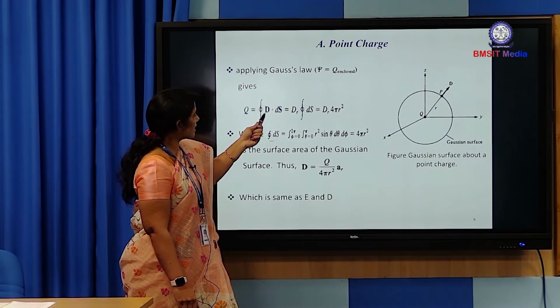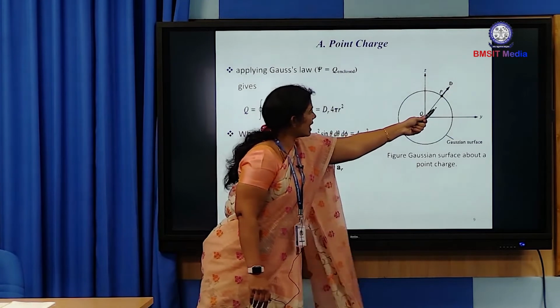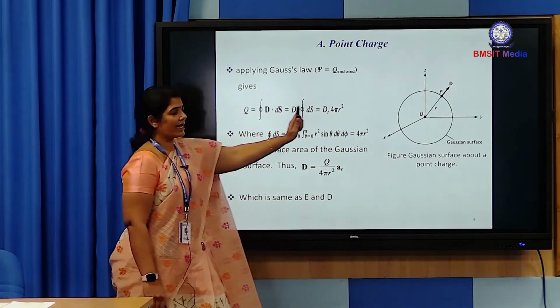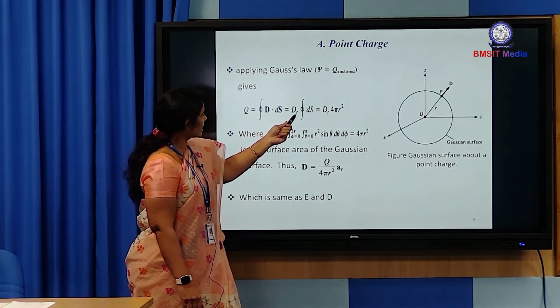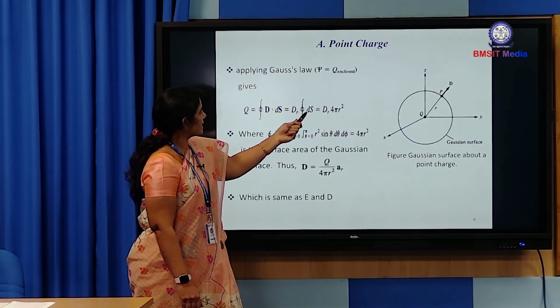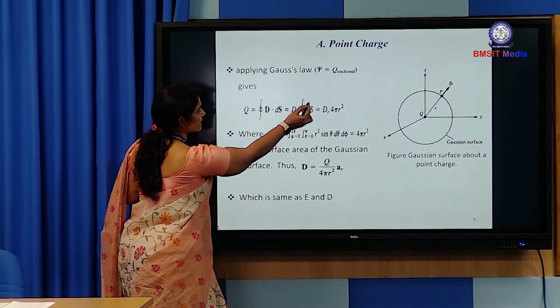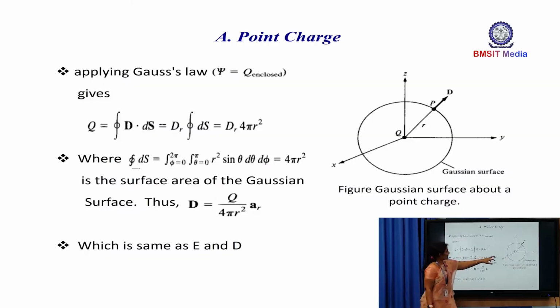What is D here? D is nothing but D_r into vector AR. D_r is constant, so we have the closed integral of dS, which is nothing but the area of the Gaussian surface. This value is going to be 4 pi r square.